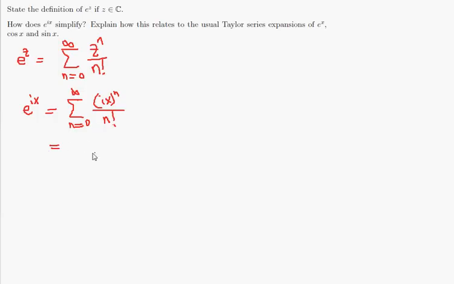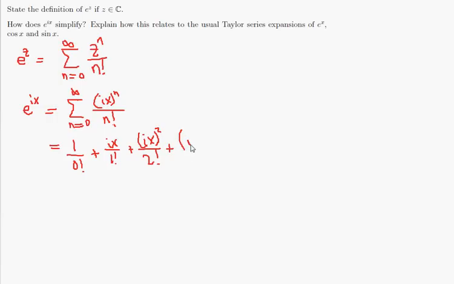If we plug in 0, we get 1 over 0 factorial. If we plug in 1, we get i times x to the first power over 1 factorial. Then i times x to the second power over 2 factorial.